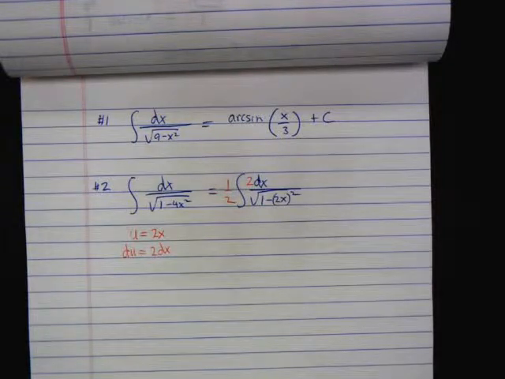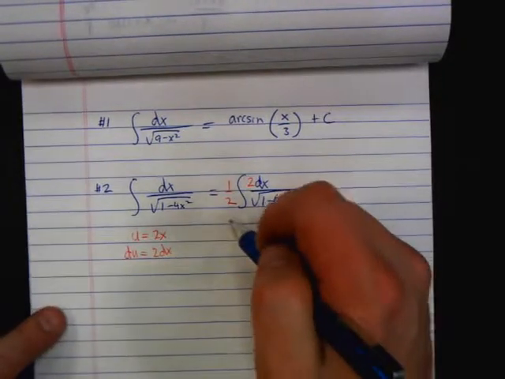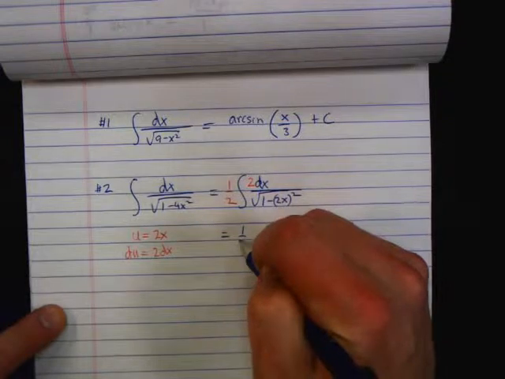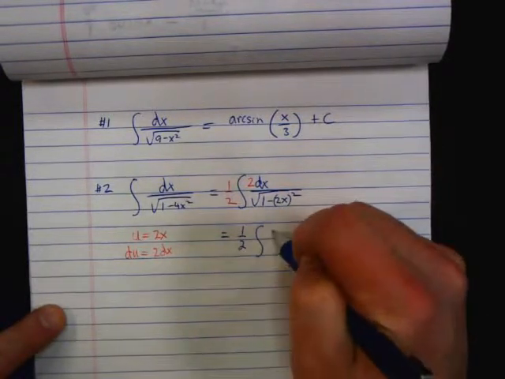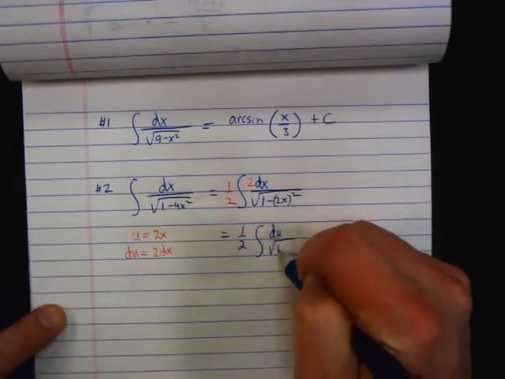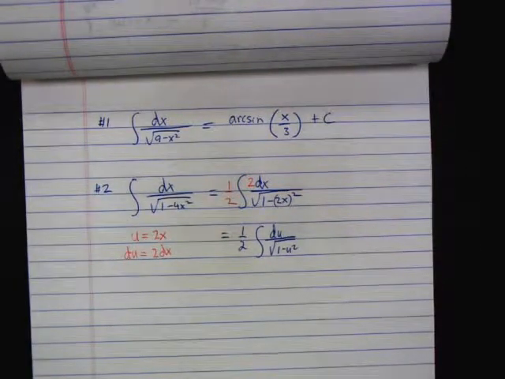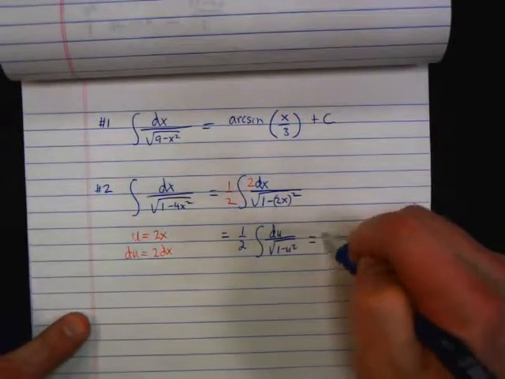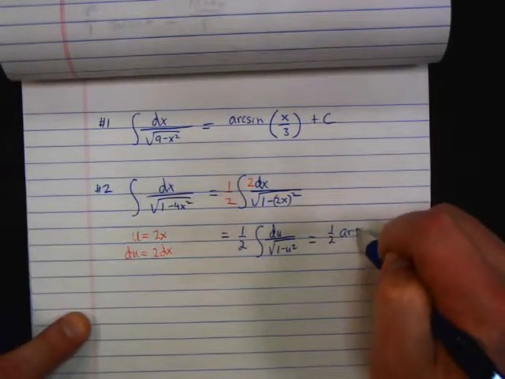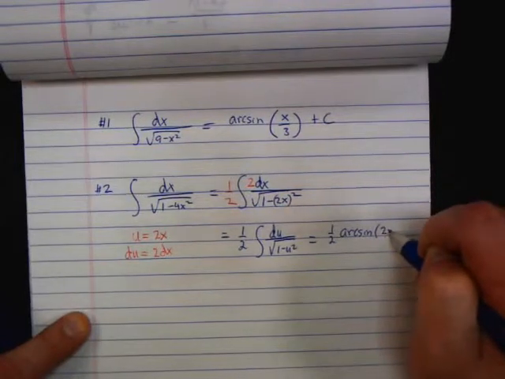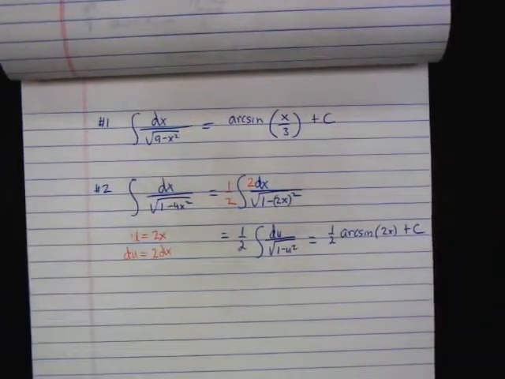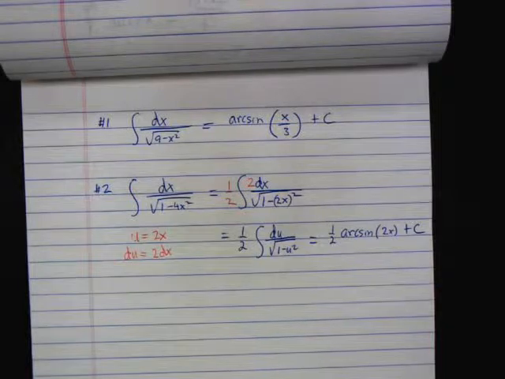So we're going to end up with 1/2 integral du over square root of 1 minus u squared. And that's 1/2 arc sine of u, but u was 2x. So our final answer is 1/2 arc sine of 2x plus c. Questions on that one?